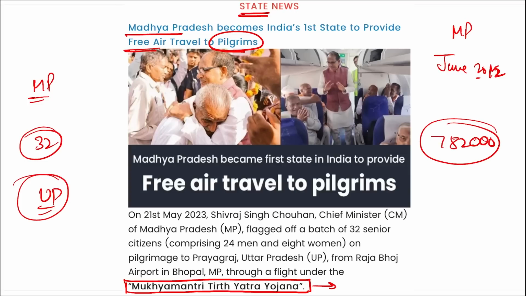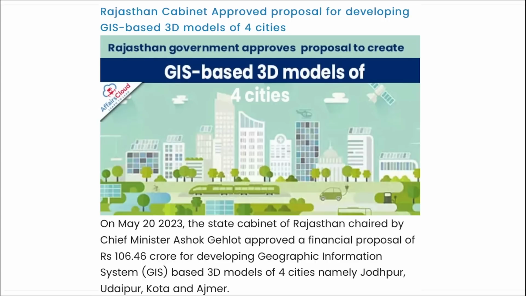Chief Minister of Madhya Pradesh is Shivraj Singh Chauhan, Governor is Mangubhai Chaganbhai Patel, and National Park is Bandhavgarh National Park.